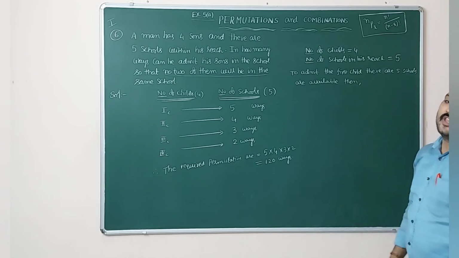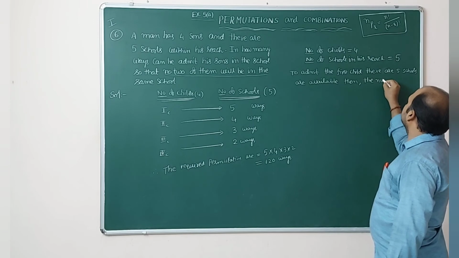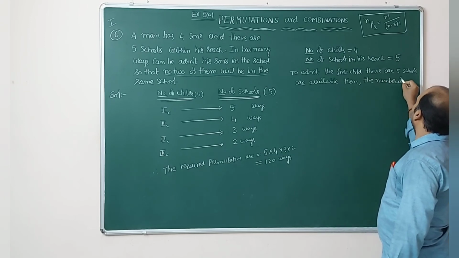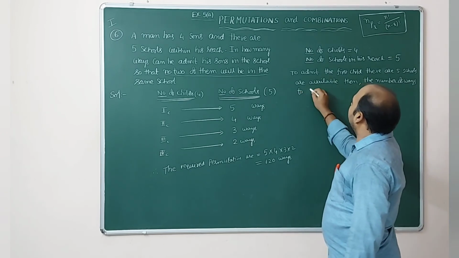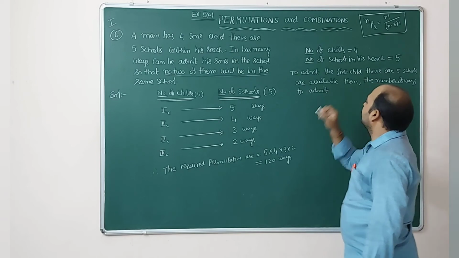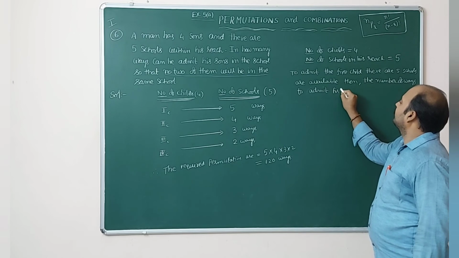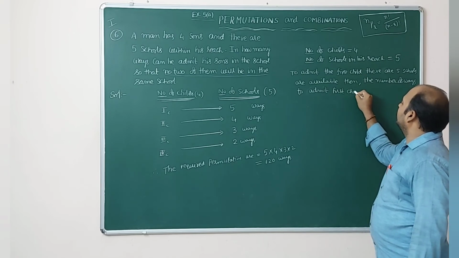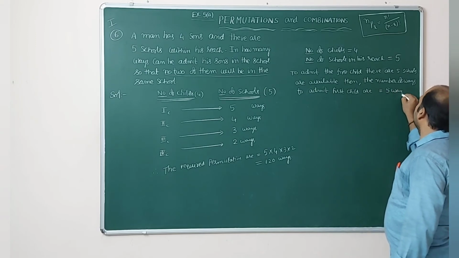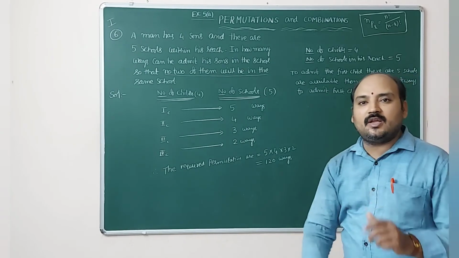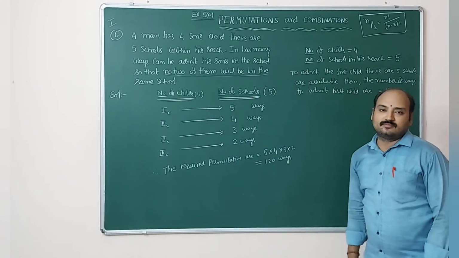So then the number of ways to join or to admit the first child is 5 ways. So for the first child he has 5 possibilities. That's what I wrote. Here I explained the same matter I am writing.